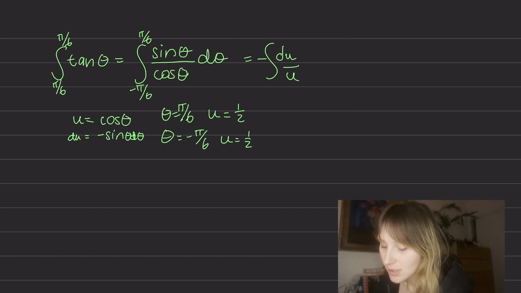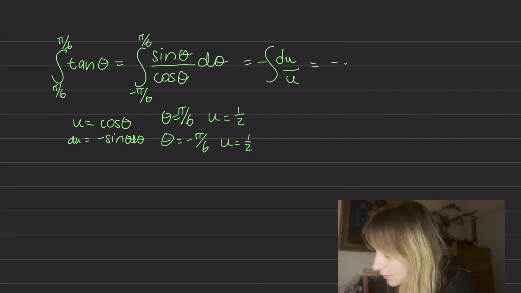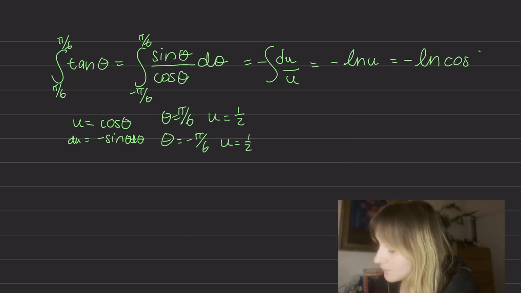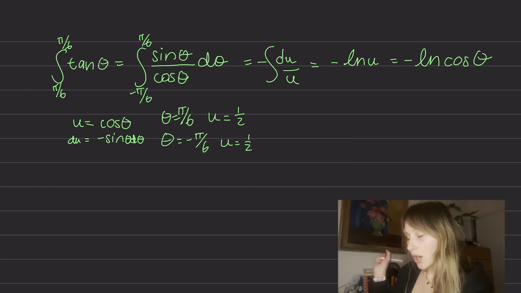Because of this negative du, this final answer is going to be minus ln of u, which is minus ln of cosine theta.